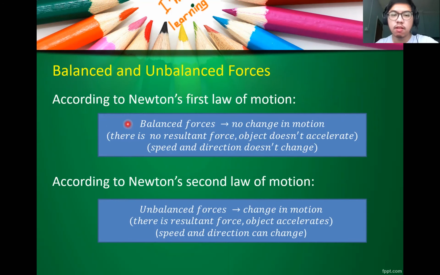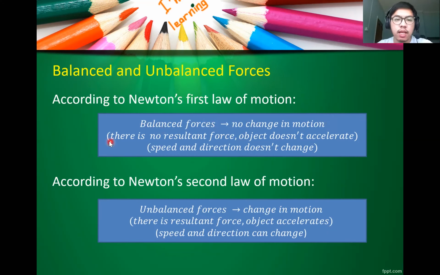When there's no resultant force, that means the forces are balanced, and that means there's no change in motion. What does no change in motion mean? If it's not moving, then it will continue to not move. If it's already moving, then it will continue to move, but at a constant speed.